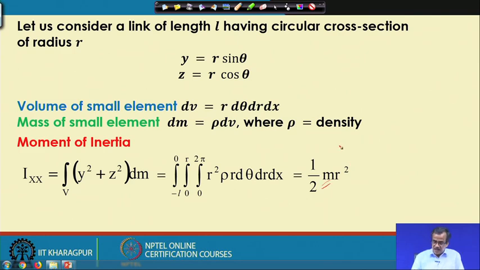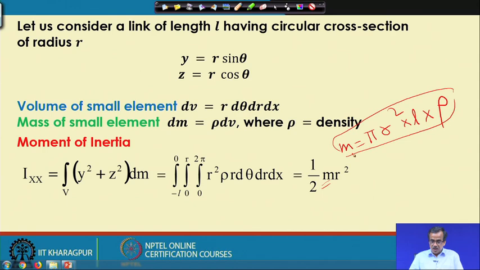This mass m is pi r square multiplied by L, the volume, multiplied by rho, the density. So, half m r square is the moment of inertia about x x.